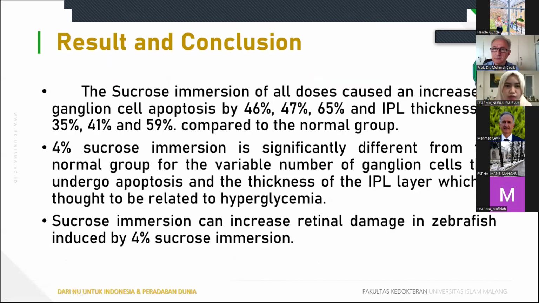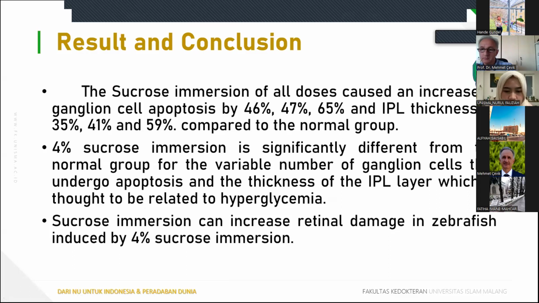For the results and conclusion, sucrose immersion at all doses caused an increase in ganglion cell apoptosis by 46%, 47%, 65%, and a decrease in IPL thickness of 35%, 41%, and 59% compared to the normal group. 4% sucrose immersion is significantly different from the normal group for the number of ganglion cells that undergo apoptosis and the thickness of the IPL layer, which is thought to be related to hyperglycemia.